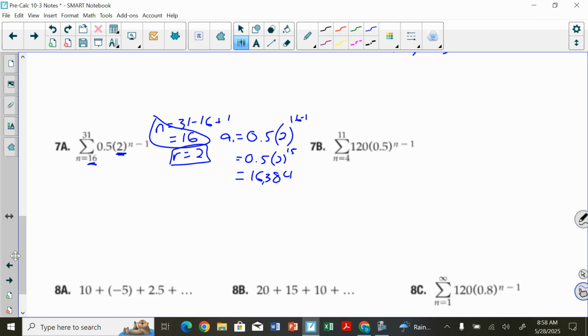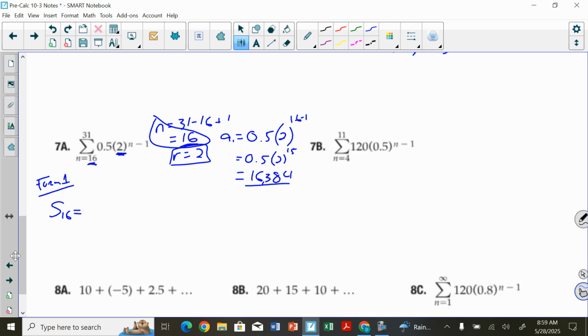Now I have enough to do the formula. I've got my a1, I've got my R, and I've got n, so I'm ready to go. I'm actually going to use formula 1 here. I'm looking for S of the 16th term, because n is 16.